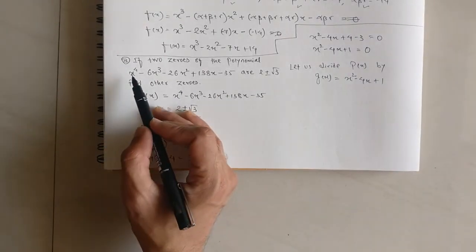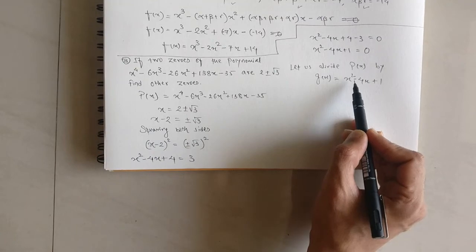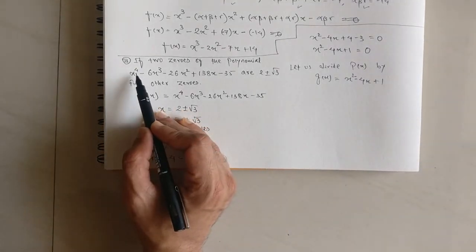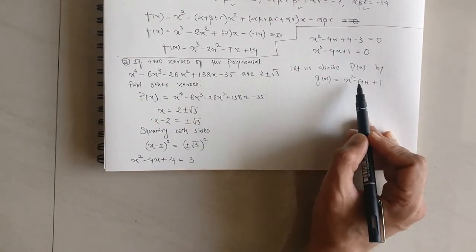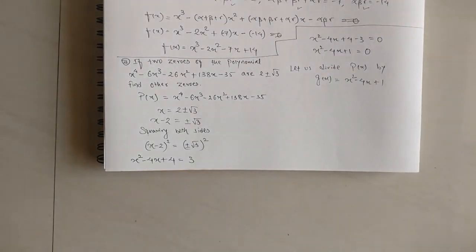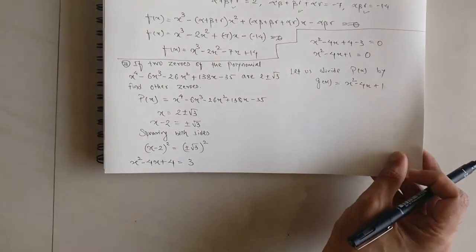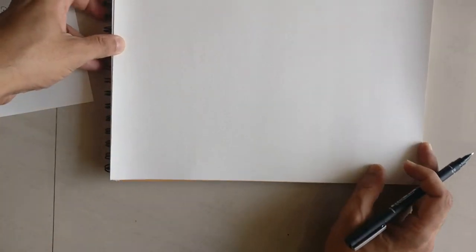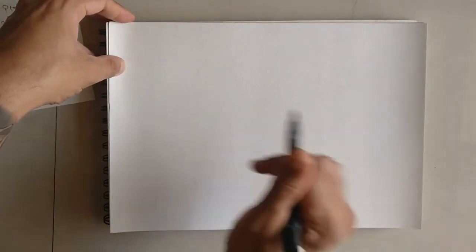So here the degree is 4, here the degree is 2. If the dividend has a degree of 4 and if the divisor has a degree of 2, can you guess what would be the degree of the quotient? Just pause the video and guess. Let's see if your guess is correct or not. So we will do our long division and find out.